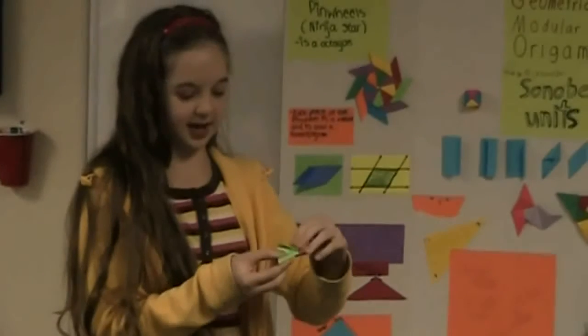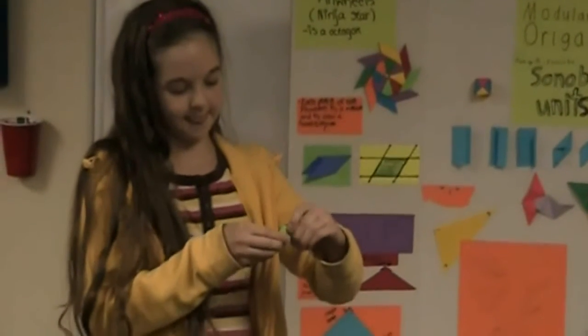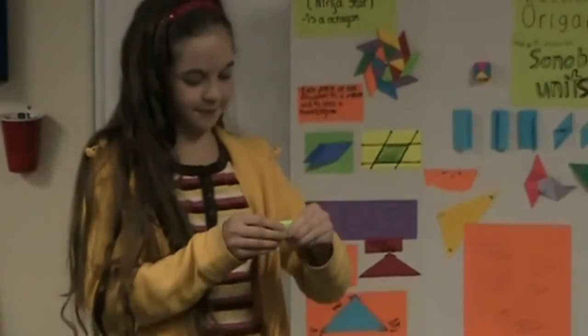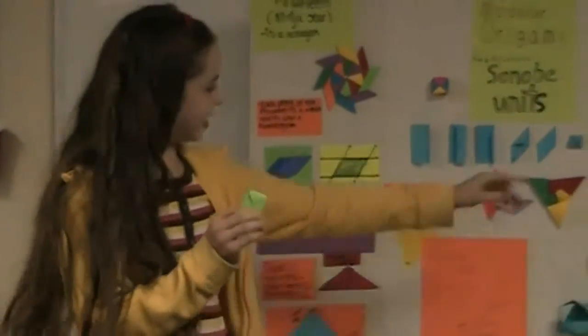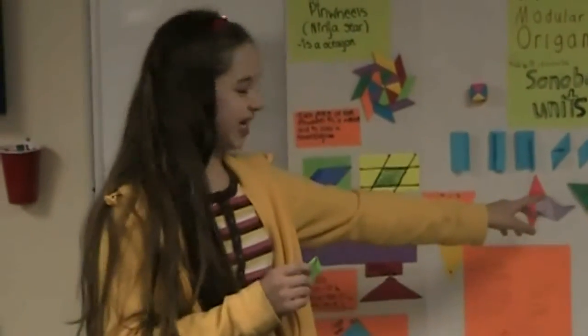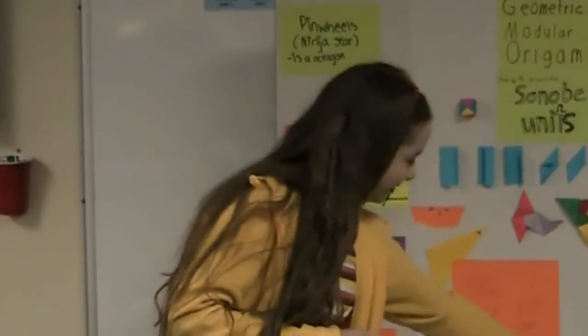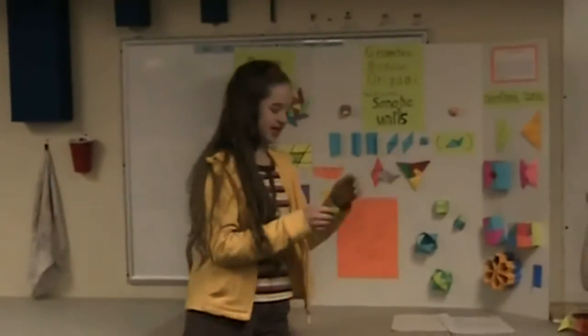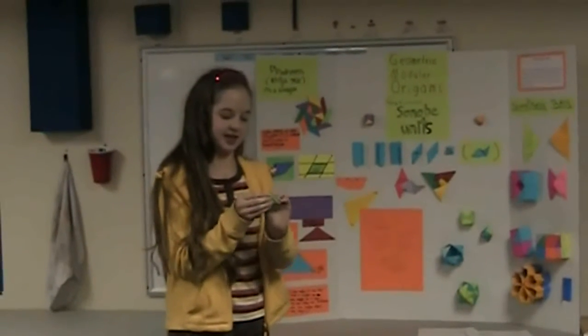And on the other side. And that will be this. Now for the stellated octahedron, which will be this, there's one more fold that we do, and that's folding it in half, like this.